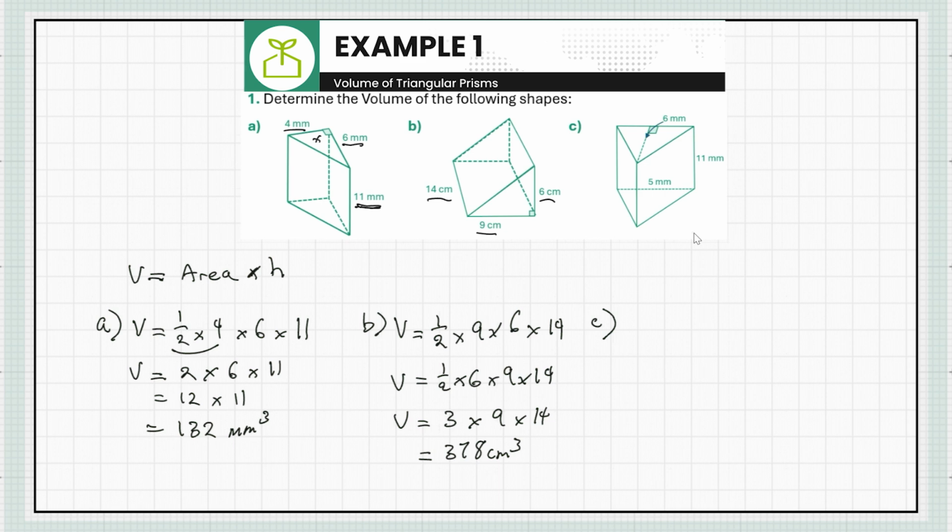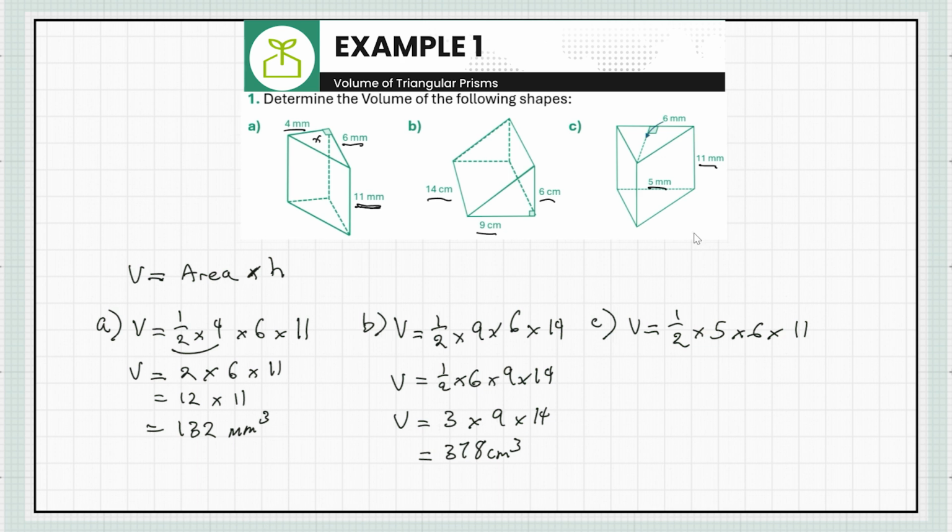Alright, let's do C. For C, our volume is going to be equal to half times our base, which is 5, let's say up here, multiplied by 6, which is the height of our triangle, multiplied by 11, which is the height of our shape.